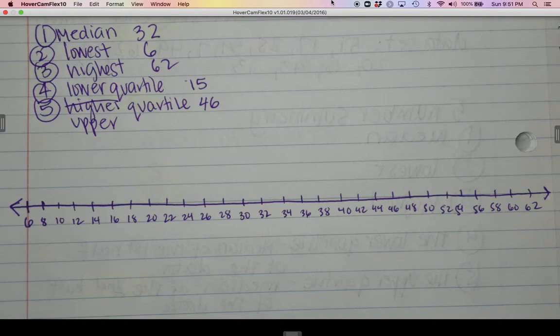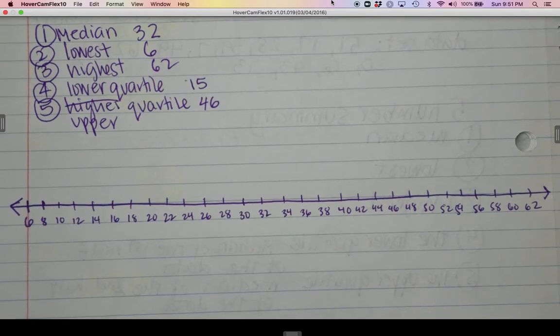Now, remember, you have to make your increments the same. So I could have made a really long line and counted 6, 7, 8, 9, 10, 11, 12, 13, 14, 15, 16. But for me, counting by twos was a little bit easier. And it's still going to look fairly similar to what it would look like if I just wrote 1 through 62.